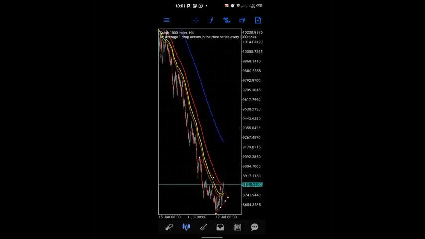It's just like you want to go to Dubai. The route to Dubai is the blue line, which is the 200 moving average. That's the normal route to Dubai.